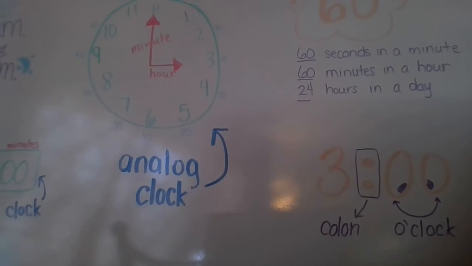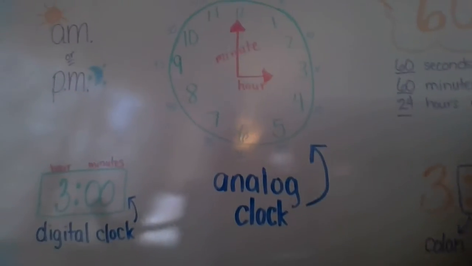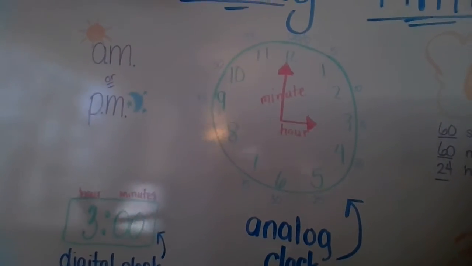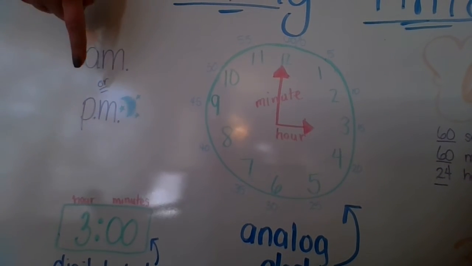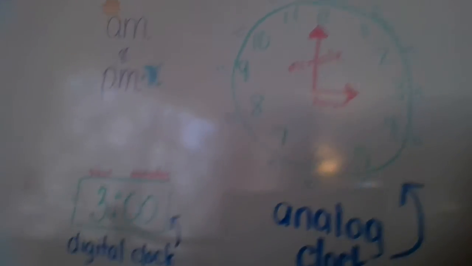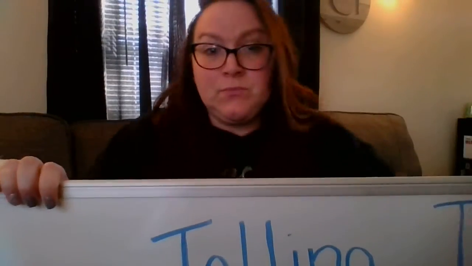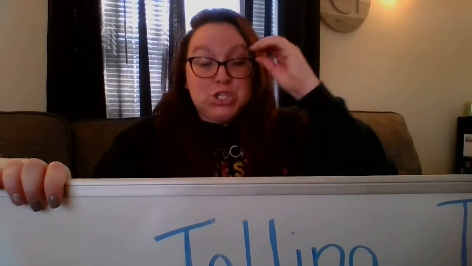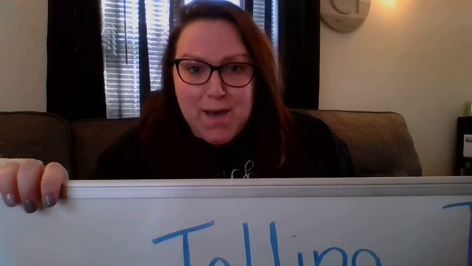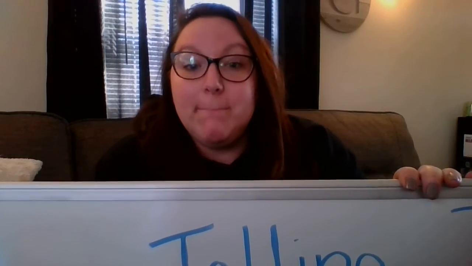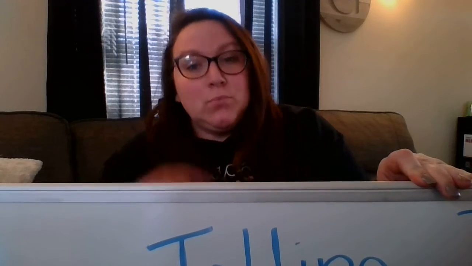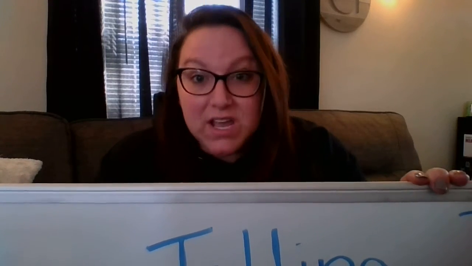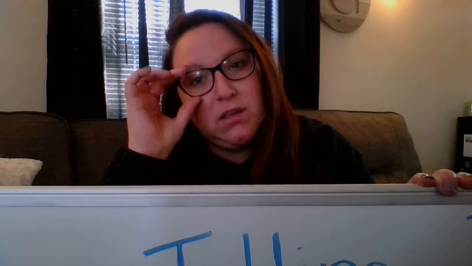So how do I know if the time on this clock that says 3 o'clock is AM or PM? What do those mean? They mean daytime or nighttime. So if something is AM, it's kind of like in the morning. So if it was 3 a.m., what would you be doing at 3 o'clock in the morning?